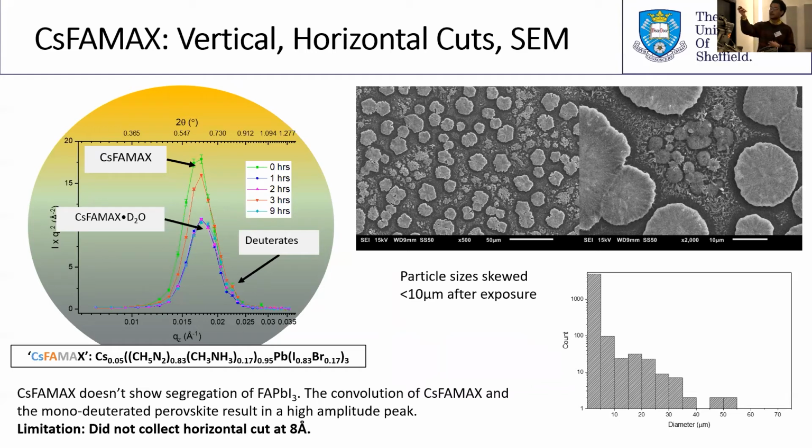In the vertical cut, you don't have phase segregation. You do have a small production of a deuterated phase. But interestingly, it doesn't show the same increase in intensity that I was discussing earlier, which arises from the overlap of phases. Instead, it seems to go up and down and up again, and then down again.